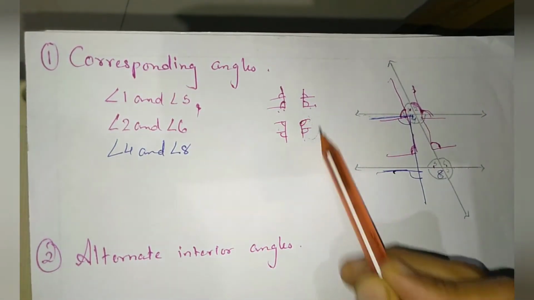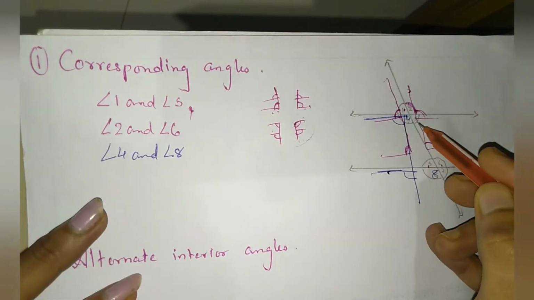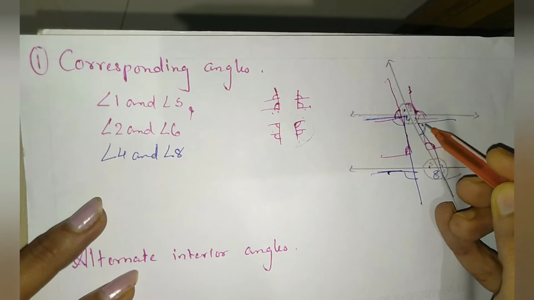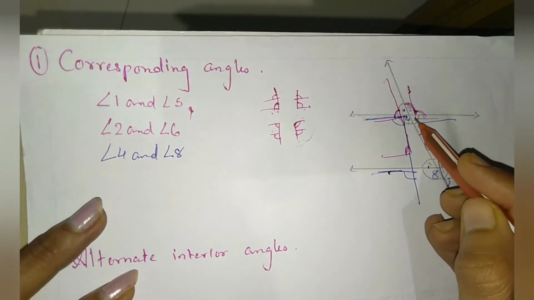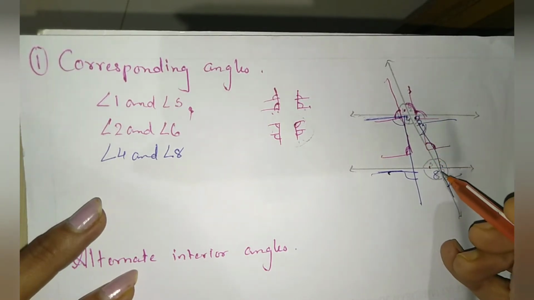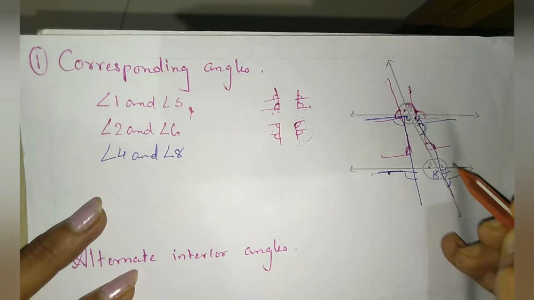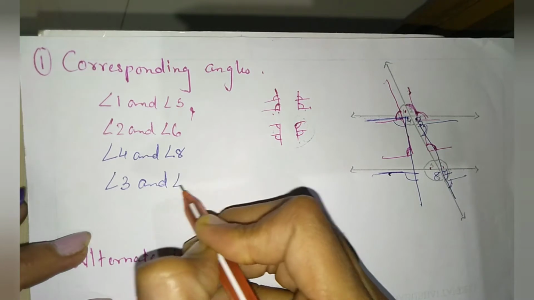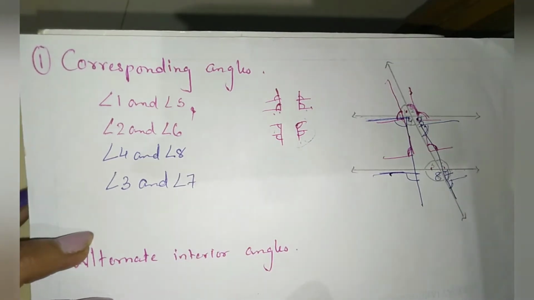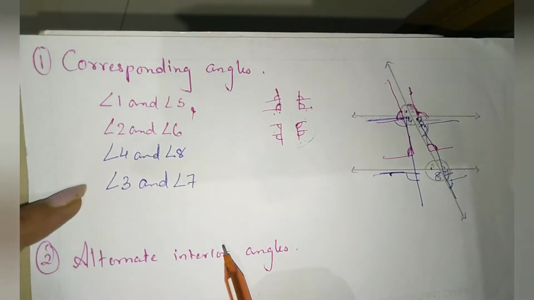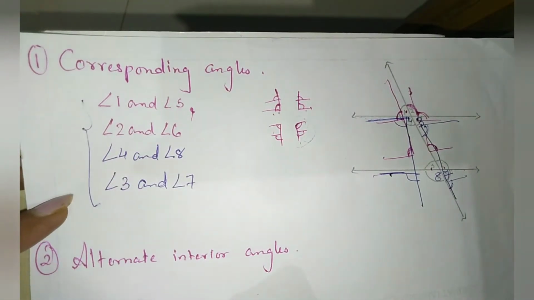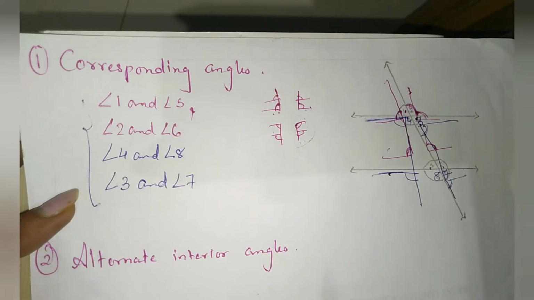Now another F, this one, these two lines, inner side angle, so angle 3 and angle 7. So angle 3 and angle 7 are corresponding to each other. So how many pairs are there? 1, 2, 3, 4. Four pairs, right? Corresponding pairs are 4 in this.